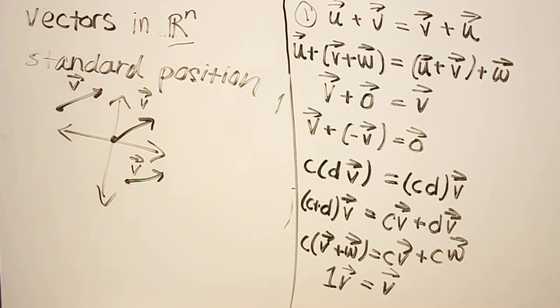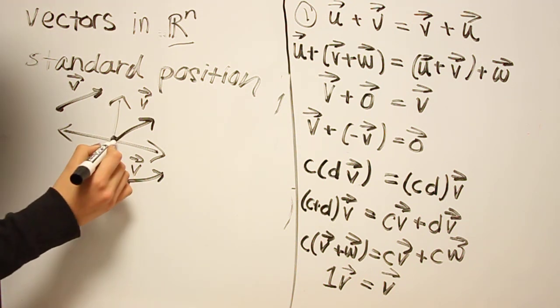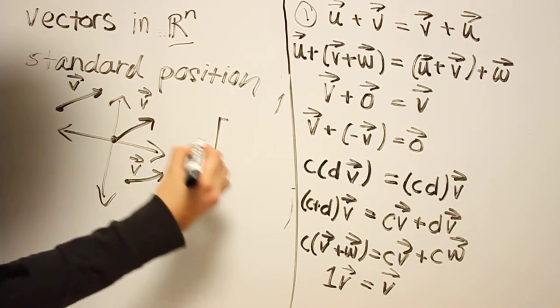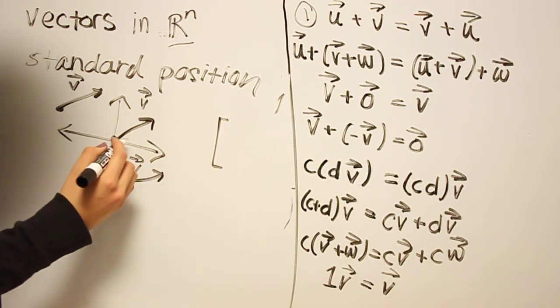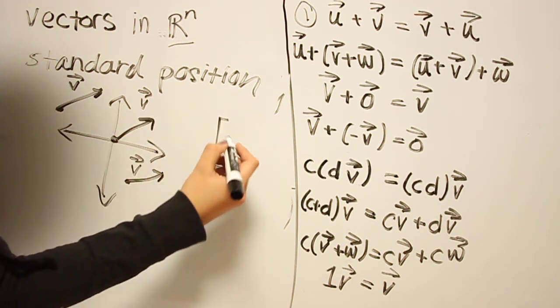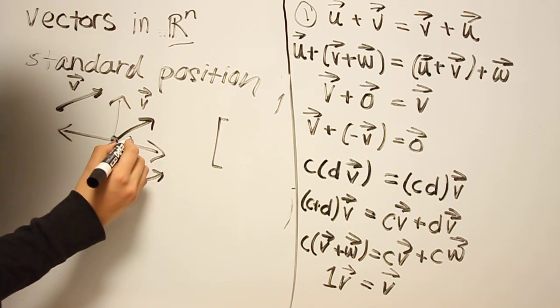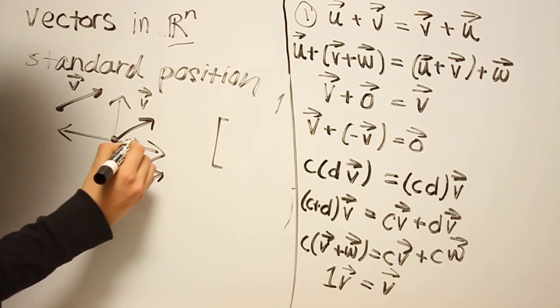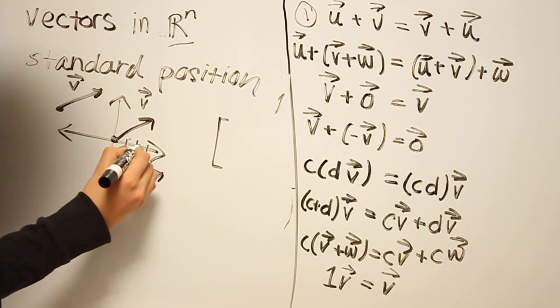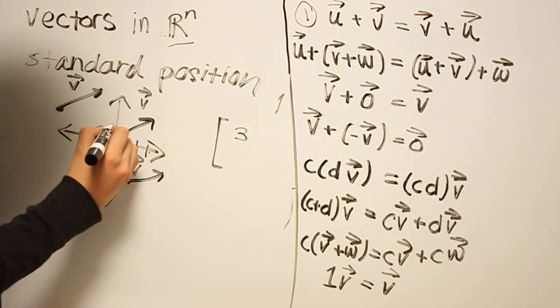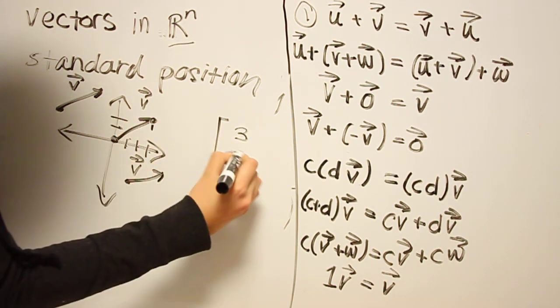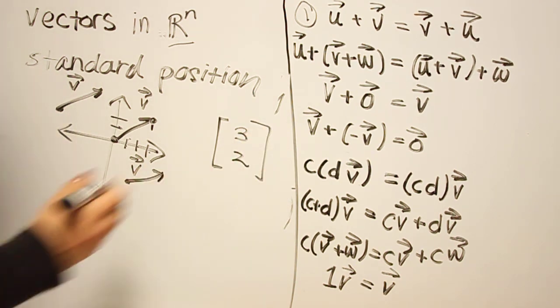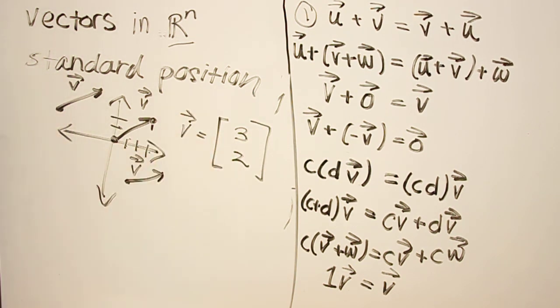As long as it has the same length and the same direction, it is actually the same vector, but in order to standardize everything, we always measure the components of this vector in terms of it in standard position. So for example, its x value is 3 and its y value is 2. So that would be v. Alright, so that's vectors in Rn.